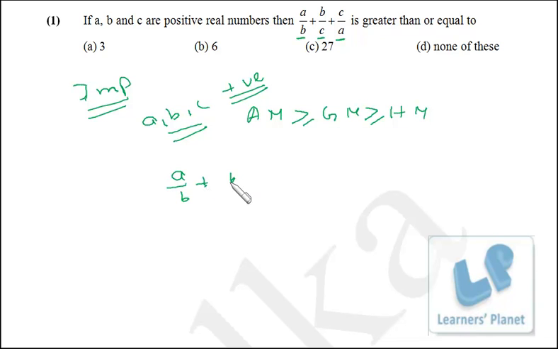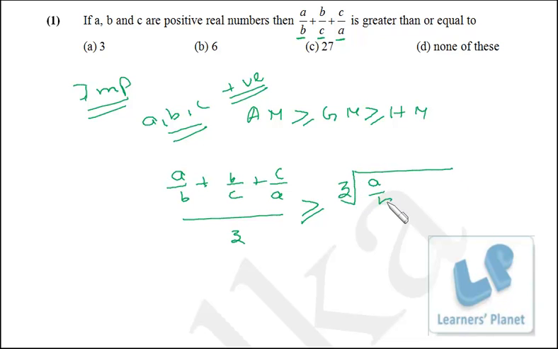A by B plus B by C plus C by A by 3. So this is the arithmetic mean of A by B, B by C and C by A. Okay, and arithmetic mean of these three will always be greater than or equal to their geometric mean. Geometric mean is the cube root of these three numbers, A by B, B by C and C by A.